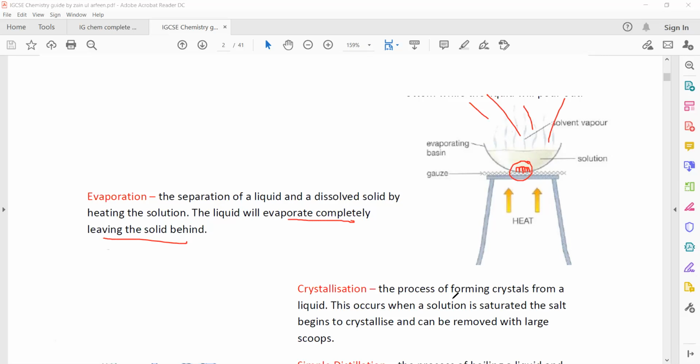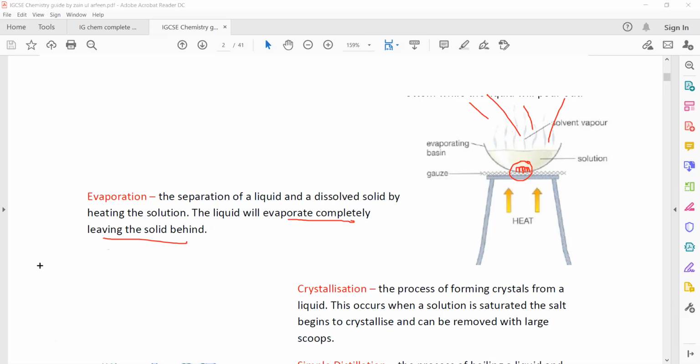But what is crystallization? Crystallization is a process of forming crystals from the liquid when the solution is concentrated. What does it mean? In both techniques we evaporate the solution, but the quantity of evaporation is different.